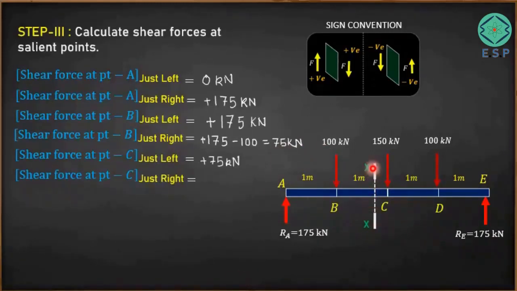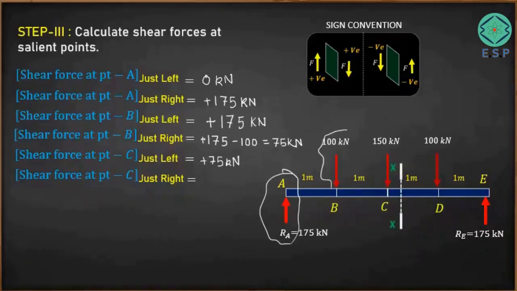Now we will move this reference plane XX to the right hand side of point C. That is called the shear force at point C just right. When you move it just right of point C, it will be somewhere here, and now it will cover this shear force, this shear force and this shear force. So there are three shear forces, 175 upward and 100 and 150 downward.